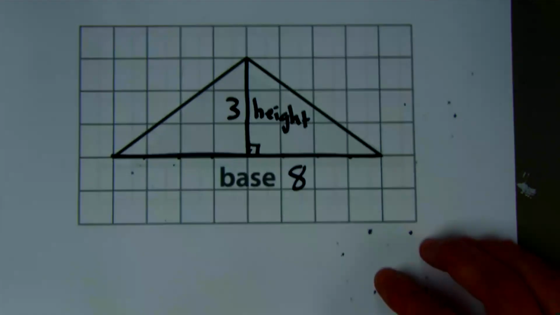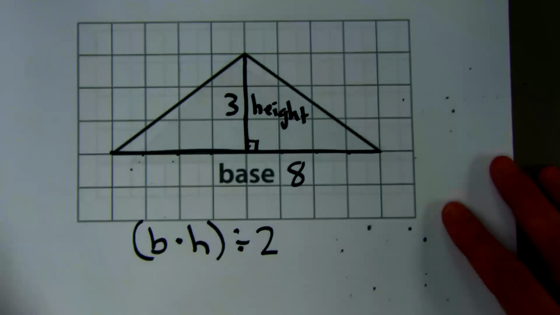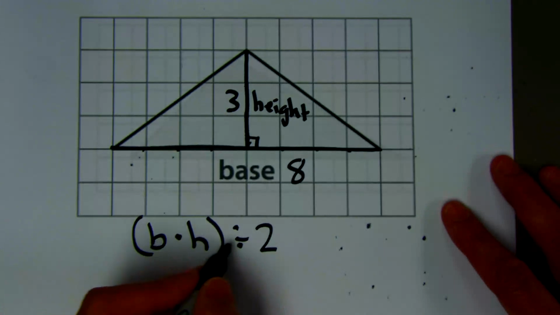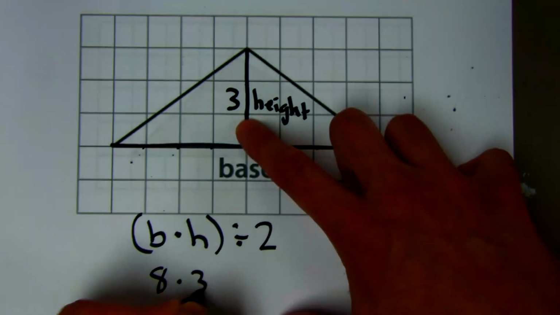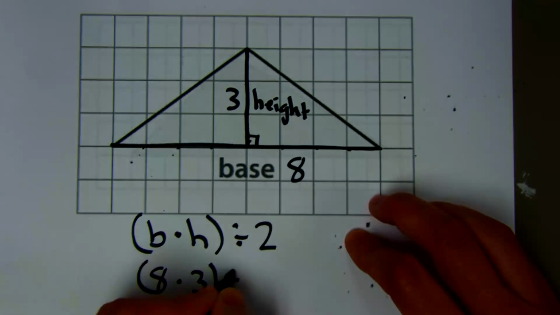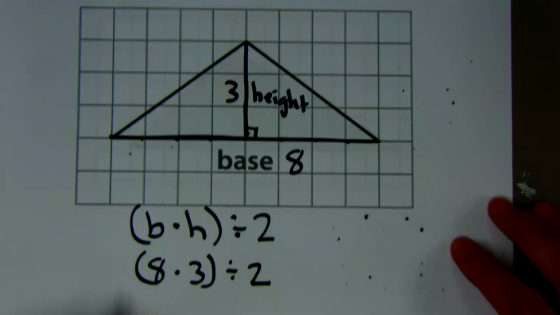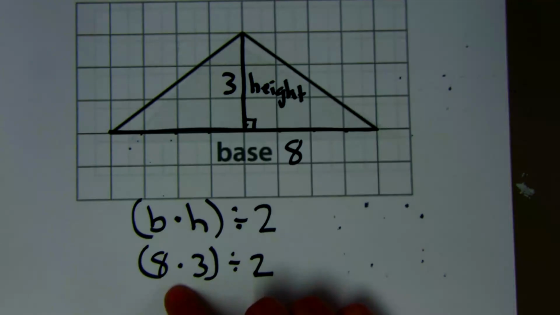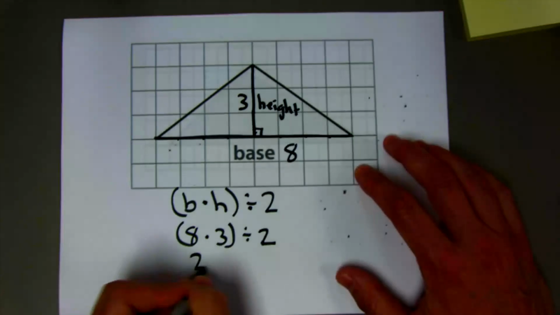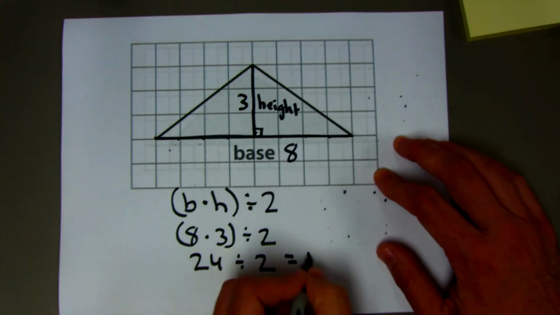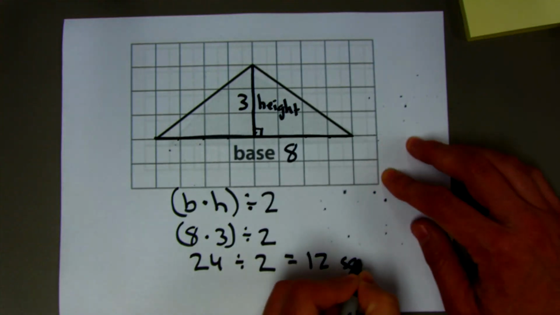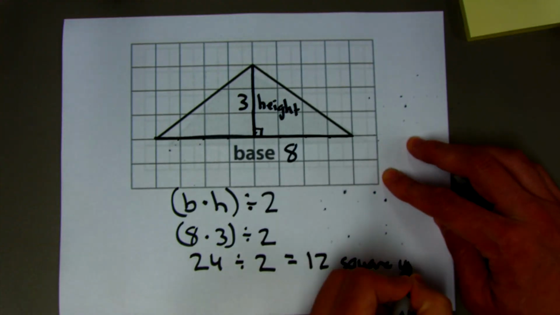So if we put our formula in, the base times the height divided by 2, the base is 8, the height is 3, and then we're just going to divide that by 2. 8 times 3 is 24, divided by 2 would give us 12 square units.